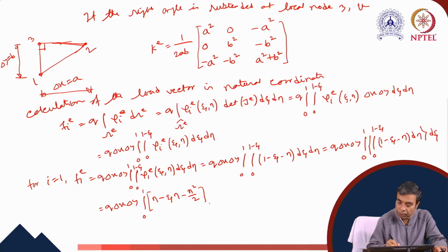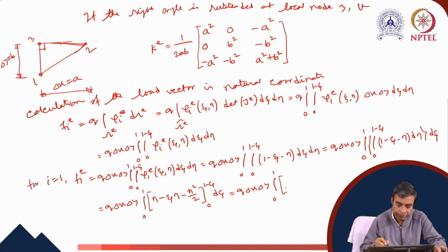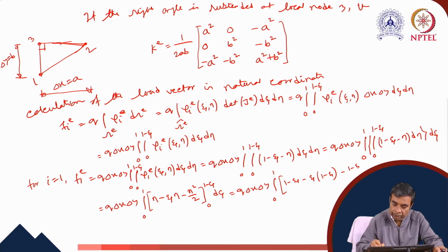The limit varies from 0 to 1 minus xi, d xi, equals Q del x del y integration 0 to 1. Here we get (1 minus xi) minus xi into (1 minus xi), minus (1 minus xi) whole square by 2, d xi.